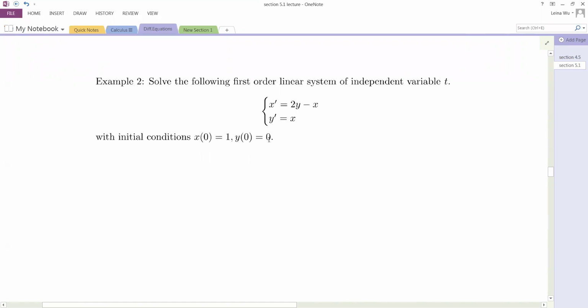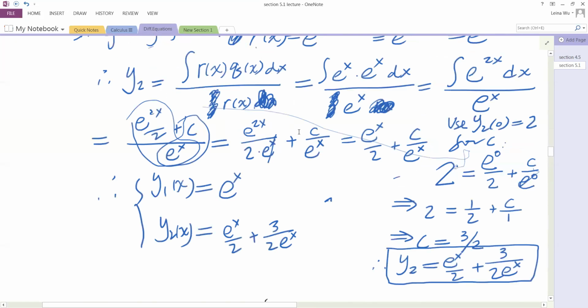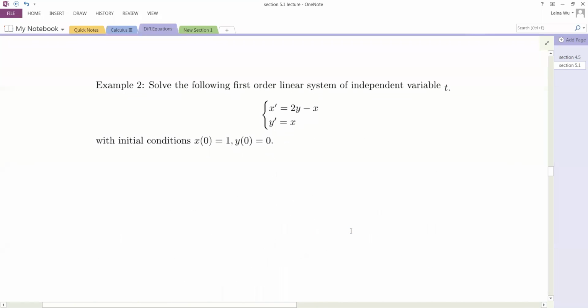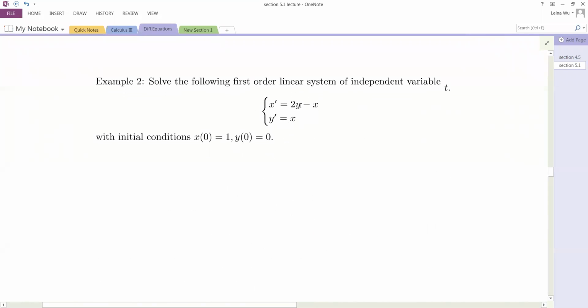Okay. Now take a look at this system. It's different from our system number 1 that we just solved. In system number 1, you can just take out one equation and solve it. But in system number 2, x and y are intertwined. You see x prime is 2y minus x, while y prime is equal to x, right?